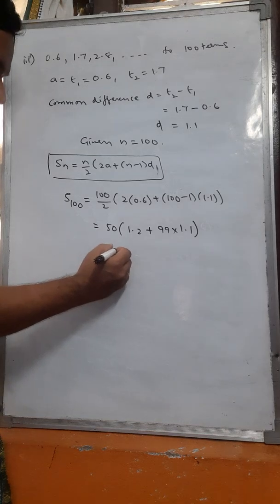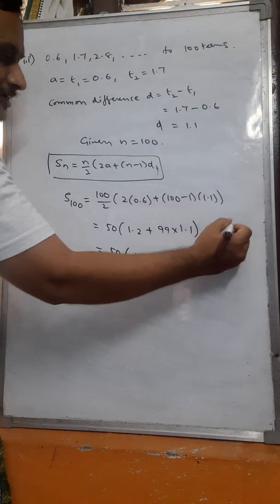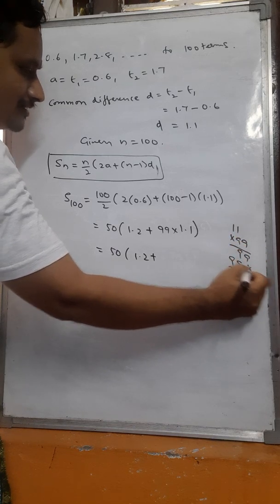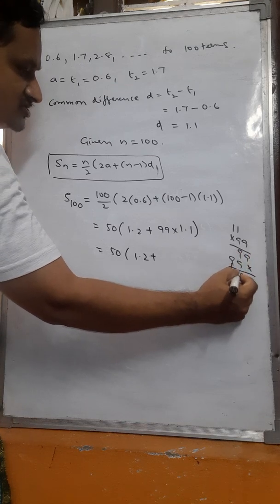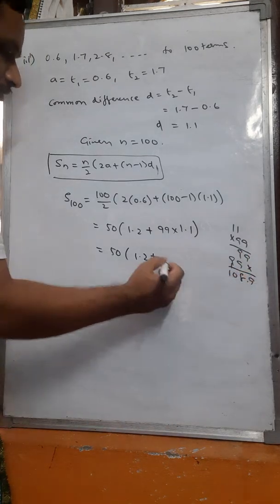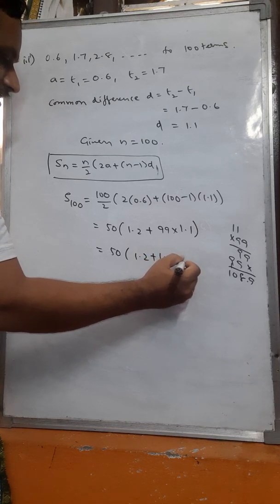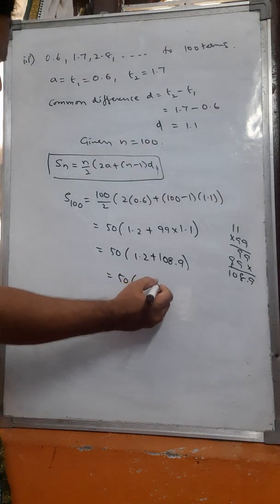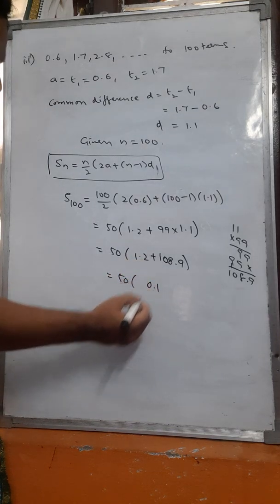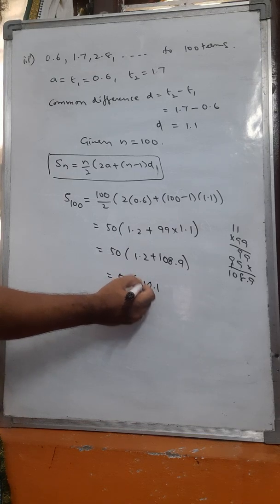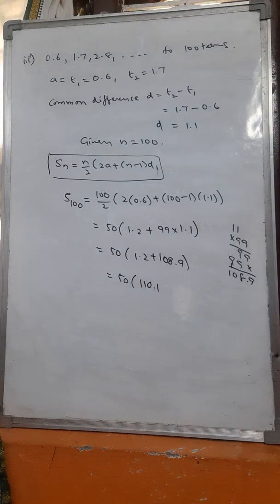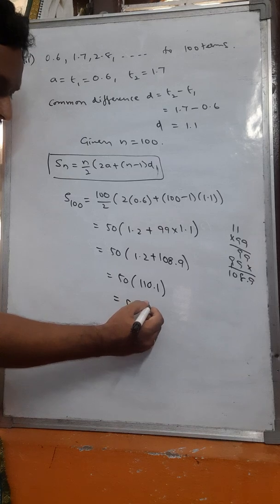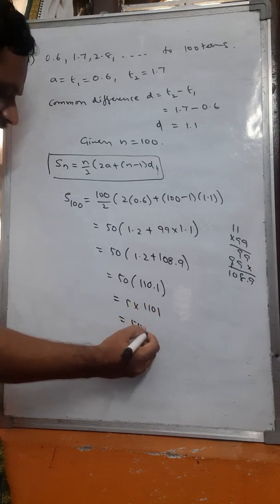Here 11 into 99 is 1089, so 108.9. That is equal to 50 into 110.1. So 5 into 1101, that is 5505.